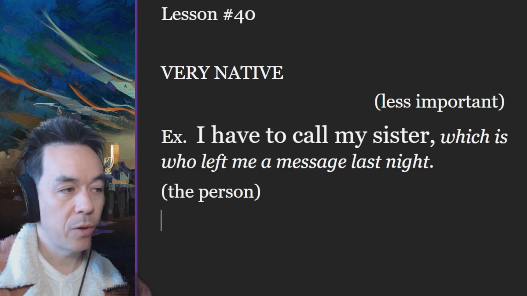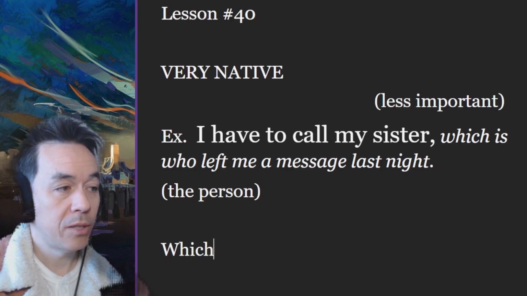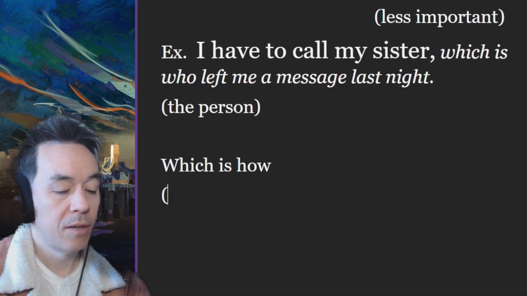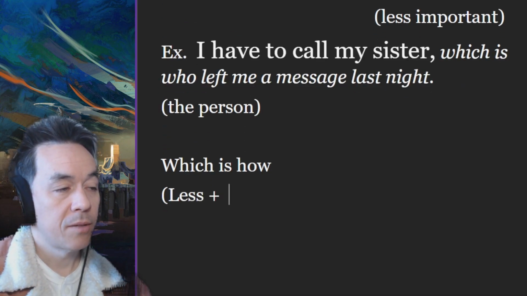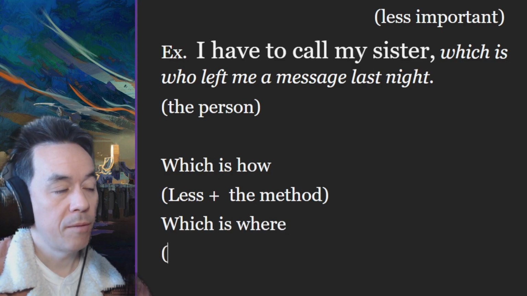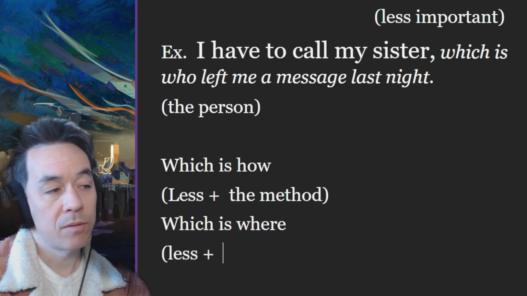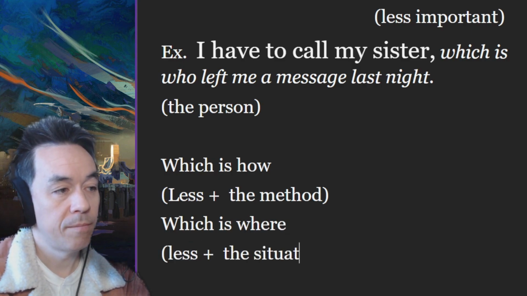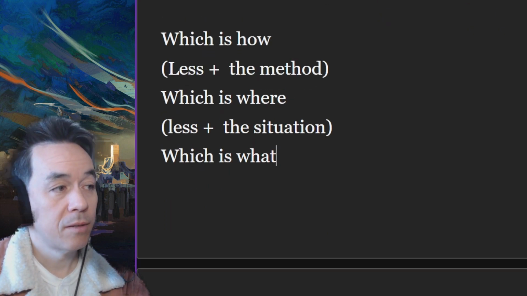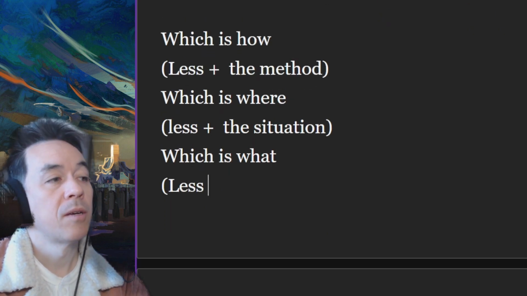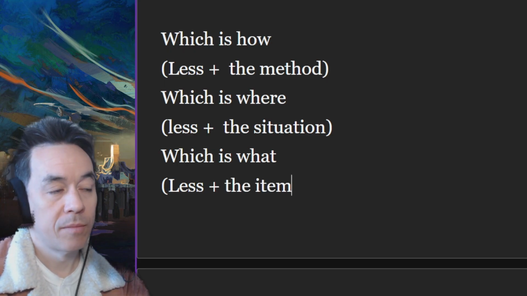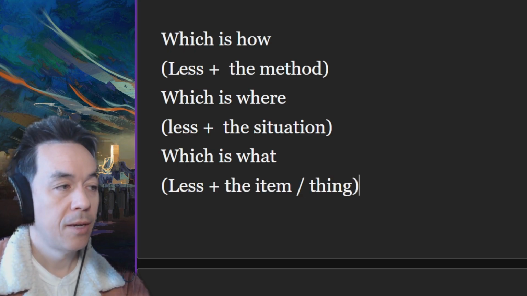So it's joining them together: which is how is less plus the method, which is where is less plus the situation, and which is what is less plus the item or the thing.